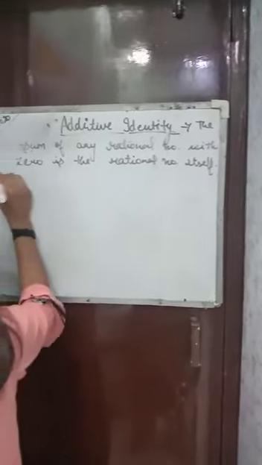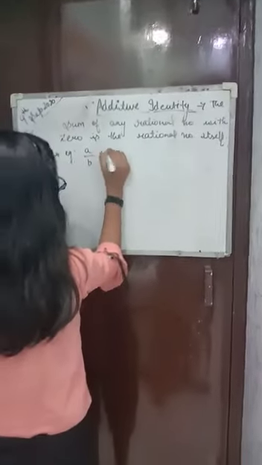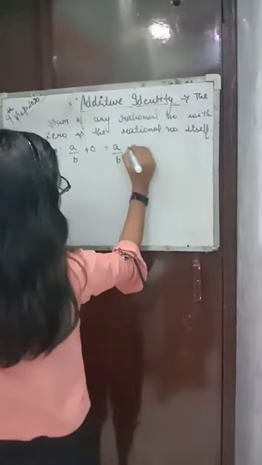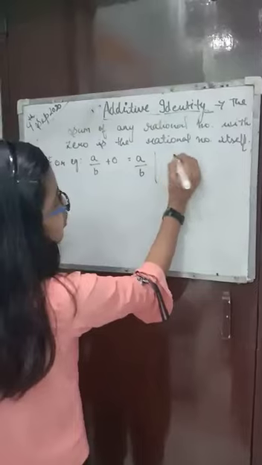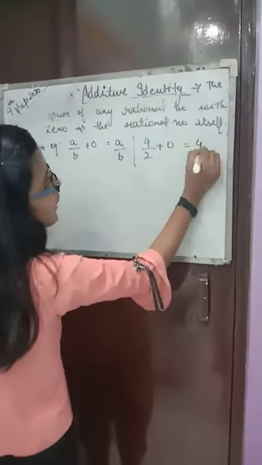For example, a by b plus 0 is equal to a by b. Another numeral example like 4 by 2 plus 0 is the same 4 by 2.